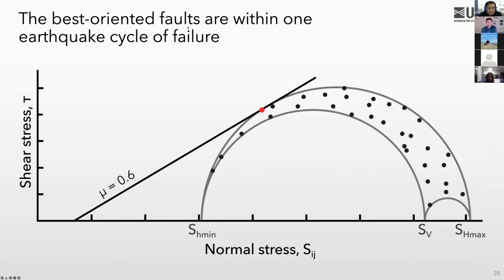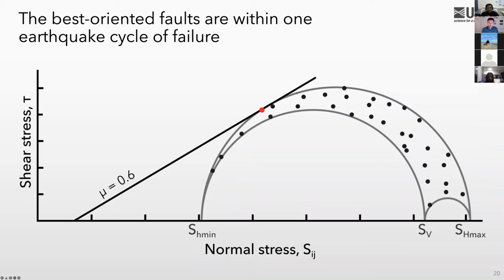And we can think about this in a mechanical way. I realize that not everybody knows or likes Mohr circles. You don't have to know them well in this case. But the point here is that if the crust is critically stressed or close to being critically stressed, that means that the best oriented faults, which would be this red dot here, are within about one earthquake cycle of failure anywhere in the crust.